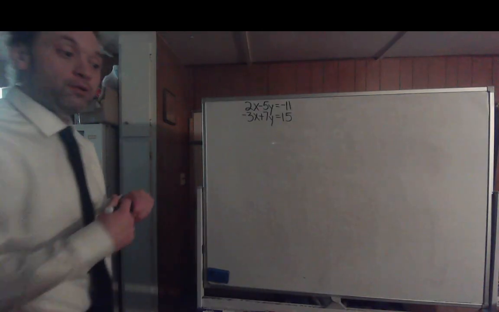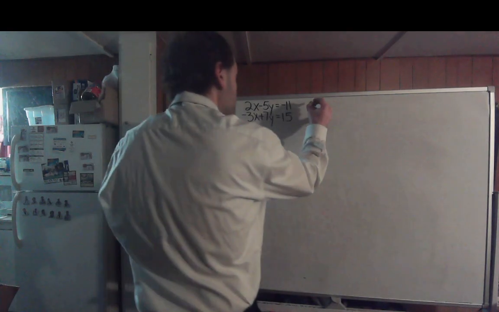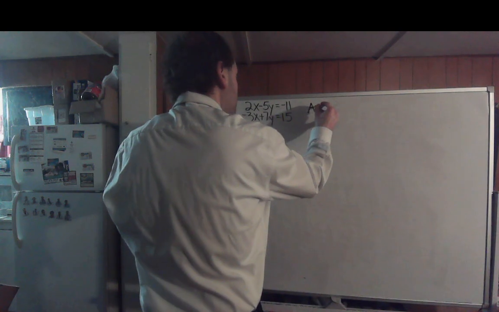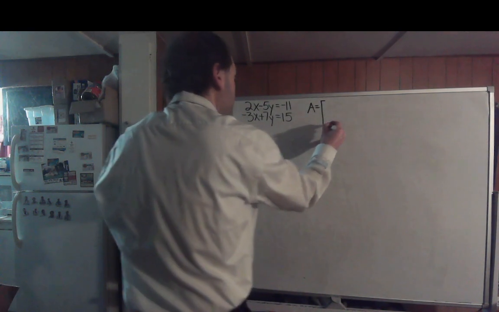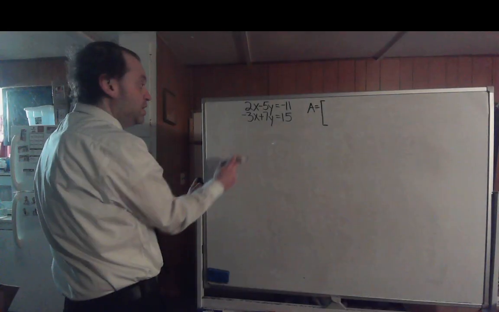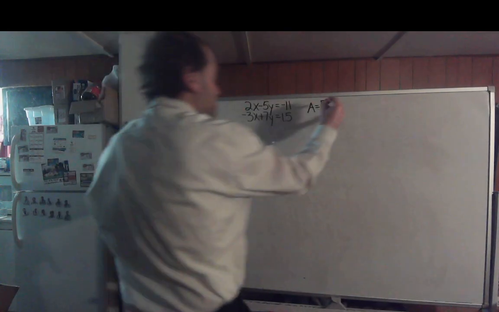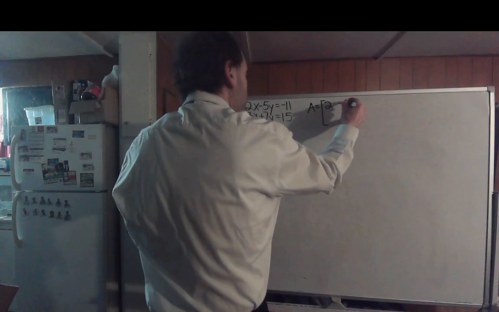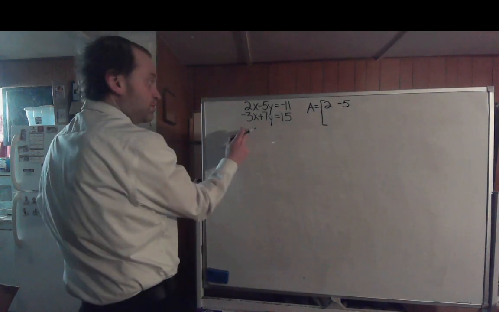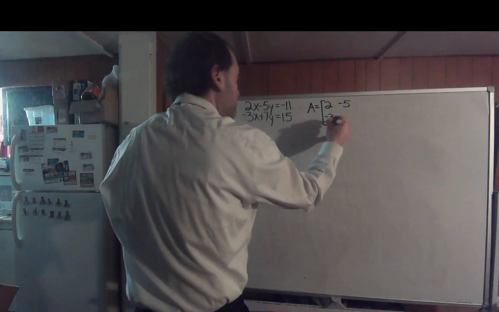Well, let's form our three separate matrices first. So again, matrix A is just a 2 by 2 matrix with the coefficients of the x and y variables. So in the first row, you'll have 2 and negative 5. In the second row, you'll have negative 3 and positive 7.